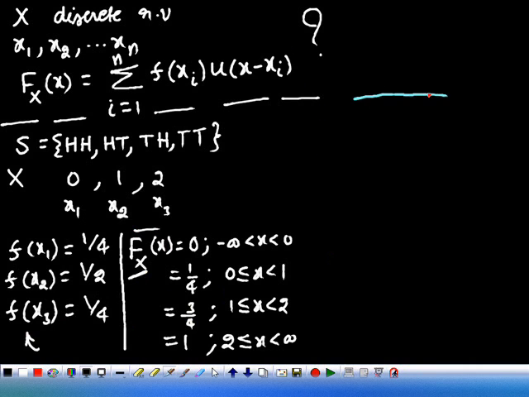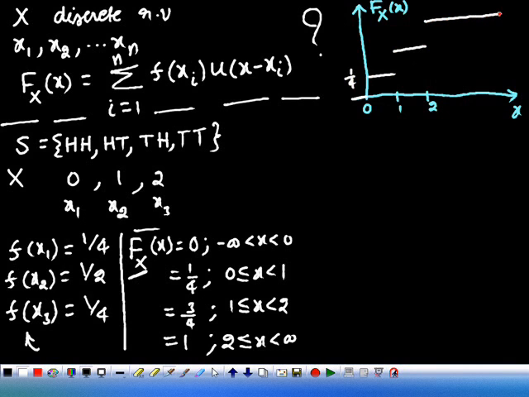Now let me plot the Fx of x. Here x is taking 0, 1, 2 values, and this is 0 for minus infinity to 0, and from 0 to 1 it is 1 by 4, and between 1 and 2 it is 3 by 4, and from 2 to infinity it is 1.